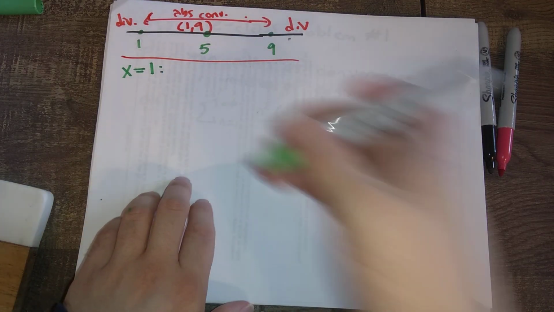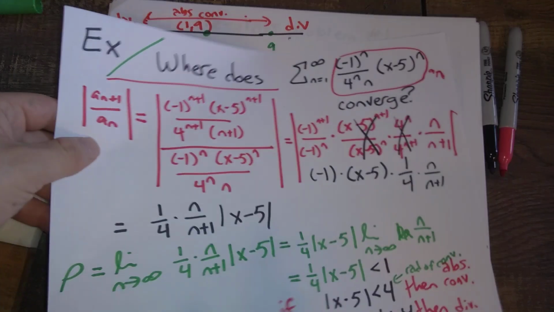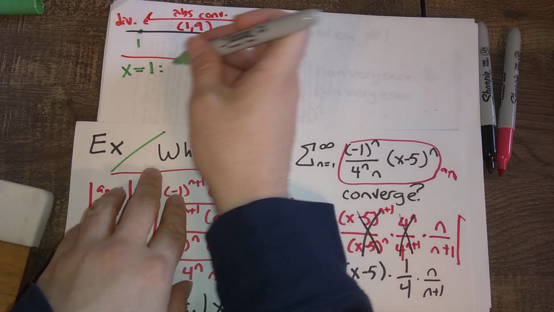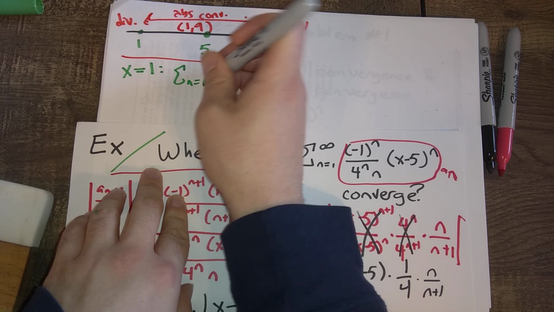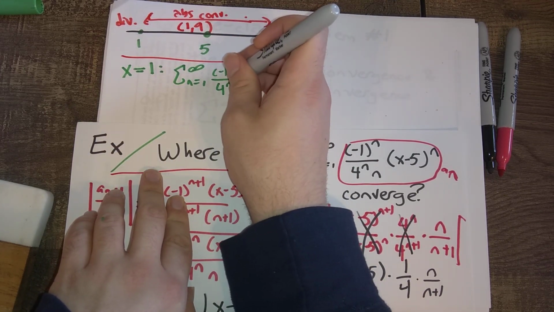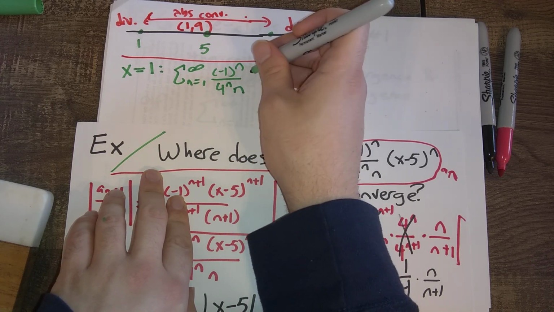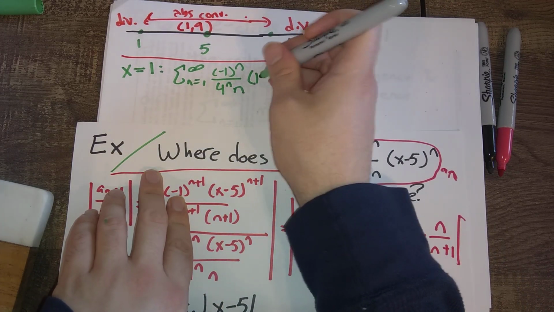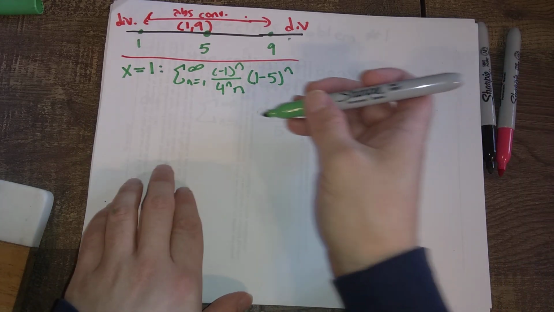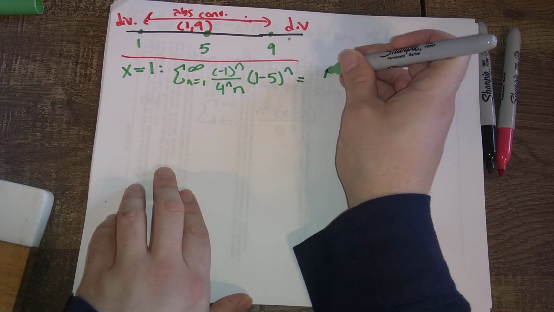Okay, so when x is equal to 1, let's plop 1 in here and see what happens. So the sum from n equals 1 to infinity of (-1)^n over 4^n times n, times (1 minus 5)^n. Let's manipulate this a little bit.